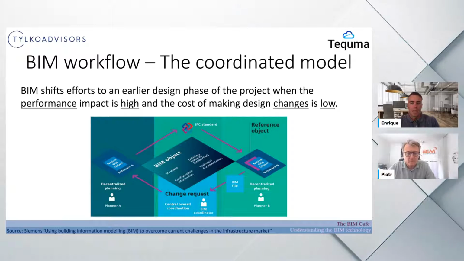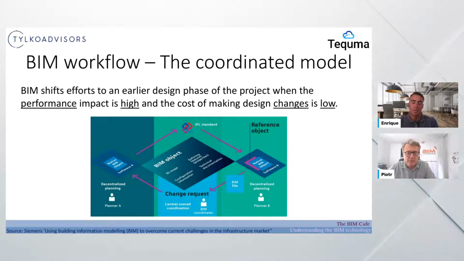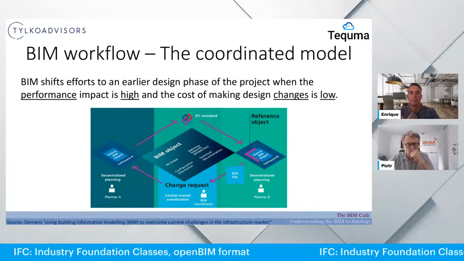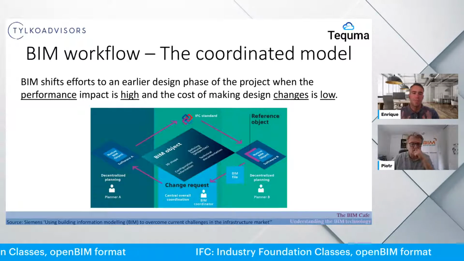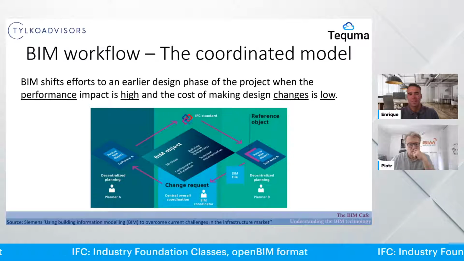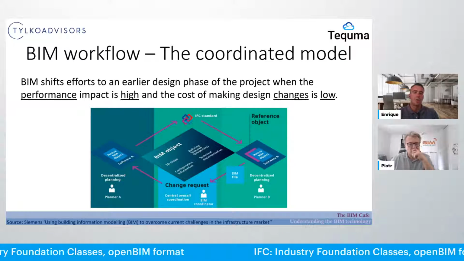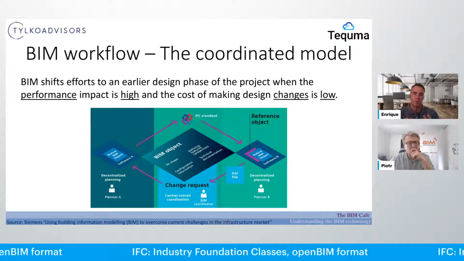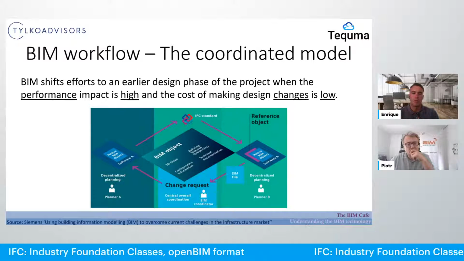Good. How may this happen? This is what I explained before about the role of the BIM coordinator. When we want to make those changes, usually we're working with the IFC format, remember, the Industry Foundation Classes, the Open BIM format, or we are working on commercial software such as Revit or Archicad. We request the model from the BIM coordinator, from the main CDE or cloud.